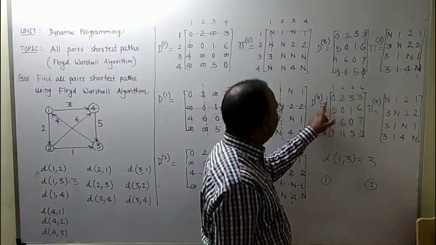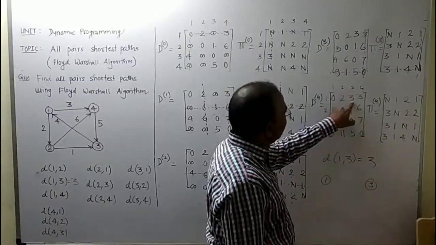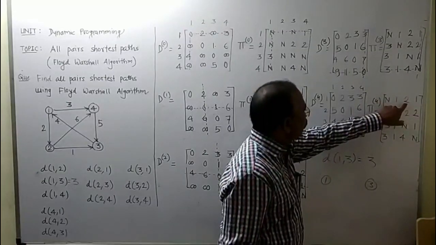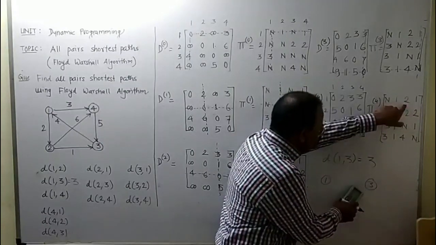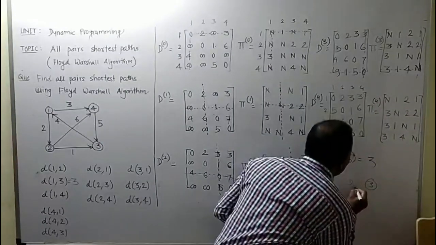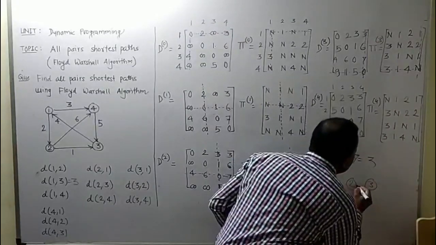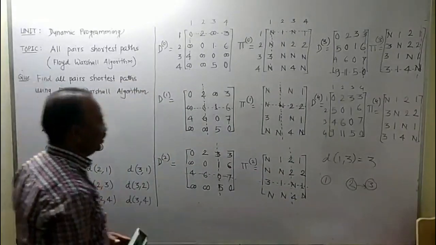Now if you see 1 to 3, distance is 3. Okay. Now then in the pi 4, if you find 1 to 3, you will get the 2. So 2 is nothing but this value. 2 is nothing but the predecessor vertex of 3. So I write here the 2. So it means that 2 to 3, we have the value 1.